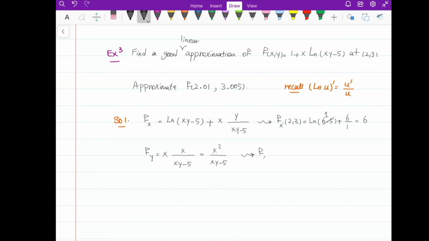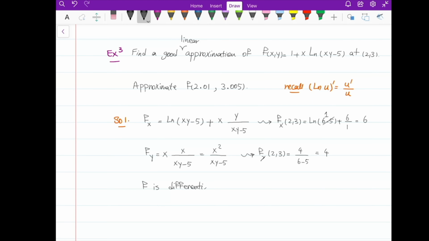Plug in the point (2, 3) into here, I get 4 over 6 minus 5, so the answer would be just 4. Okay, now the function f is differentiable. As you see, f is differentiable. Why?